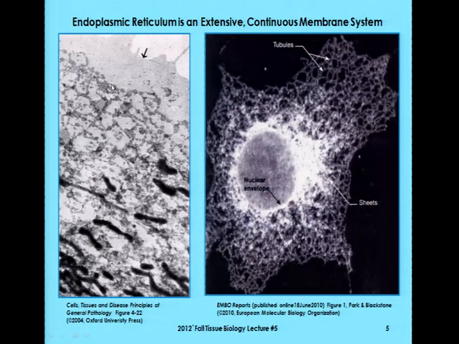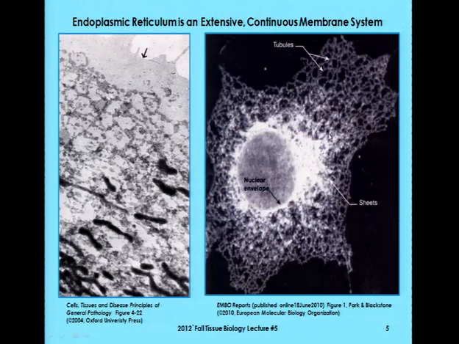And this reticular network was found in the interior of the cell and did not reach to the surface membrane, which is what the arrow is pointing to here. So therefore, he referred to this network as a reticulum, and because it's within the interior of the cell, an endoplasmic reticulum.